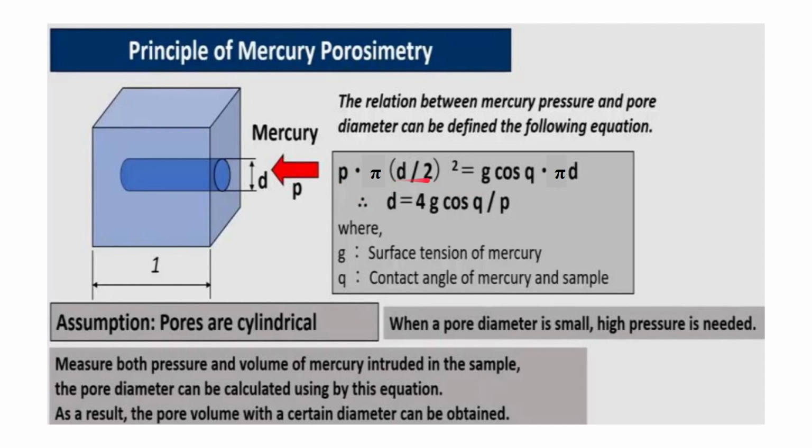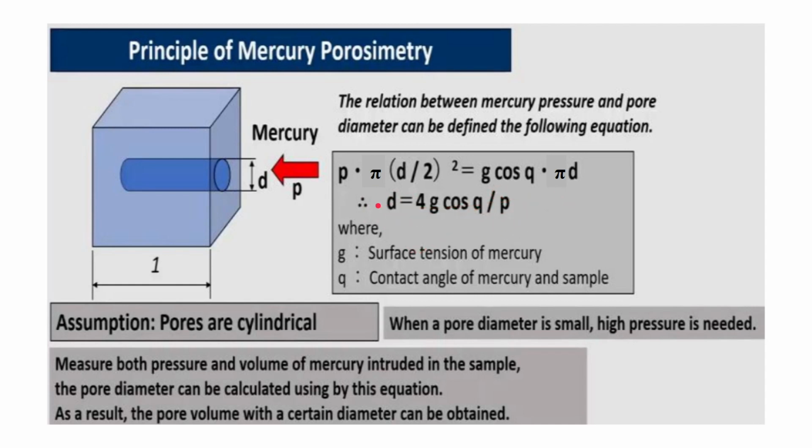That is resisted by the surface tension of mercury, which is nothing but gamma cos theta, where theta is the contact angle, times pi d, where pi d is the perimeter. Using this relation, we can find out d, the size of the pore, based on the variation of pressure p.